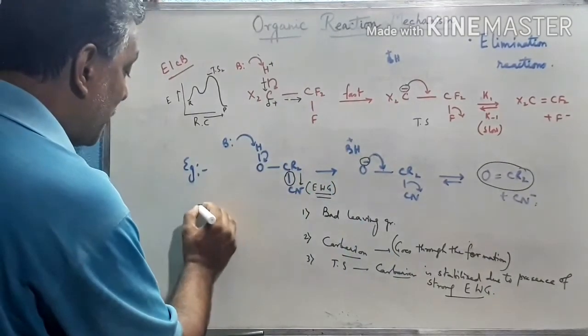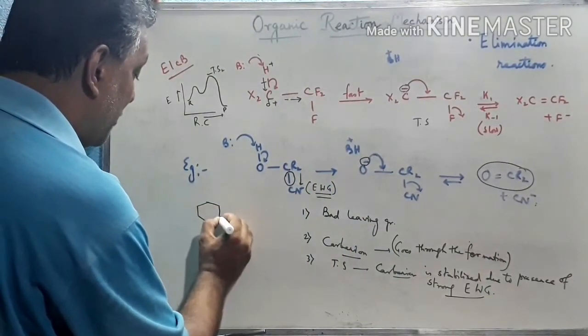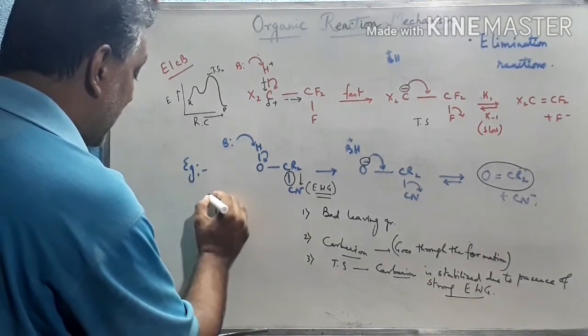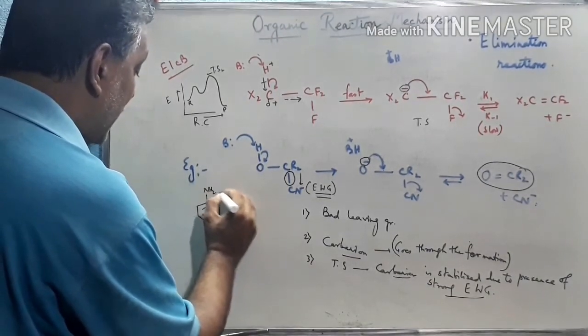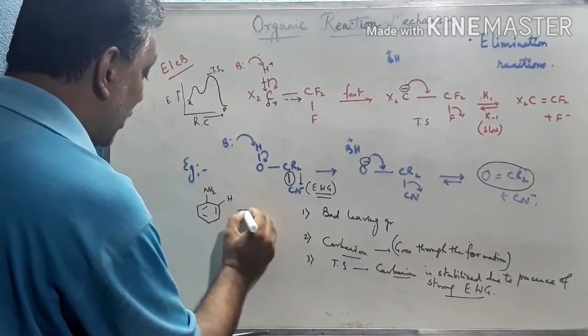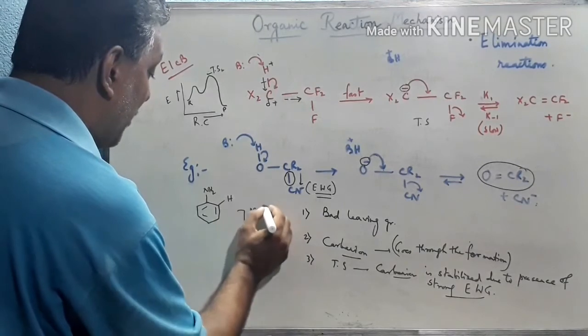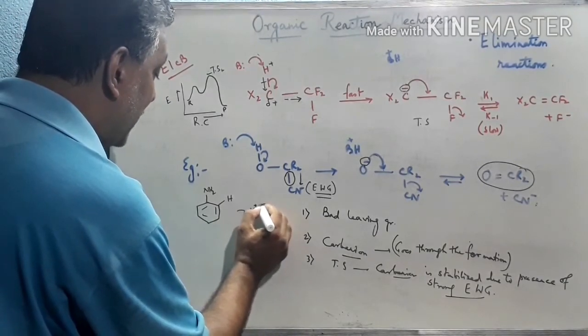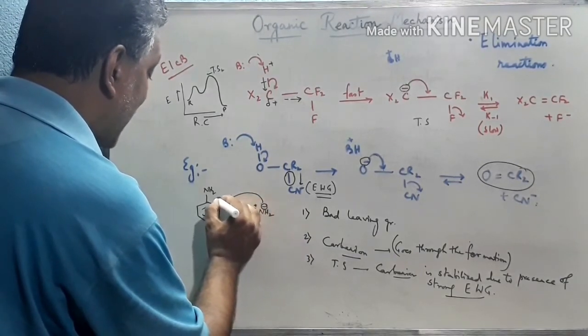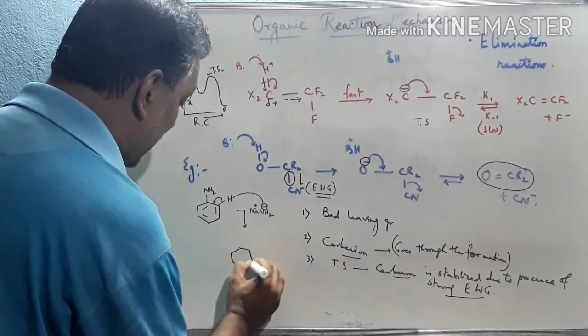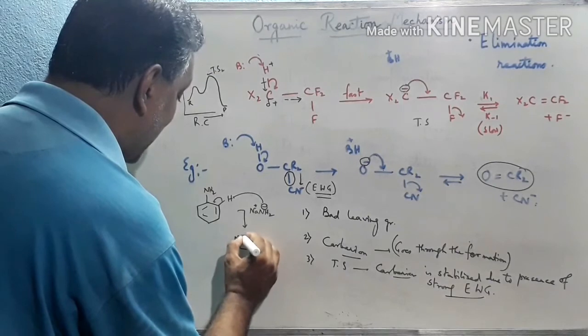Actually such type of reaction occurs also in case of benzyne intermediate, through the formation of a benzyne intermediate. See this, the reaction is NH2 and here it is hydrogen. Whenever it is treated with sodamide, sodium in liquid ammonia, sodamide is a very strong base. So it attacks this H plus, it forms an anion first, and that's why the mechanism is E1CB.